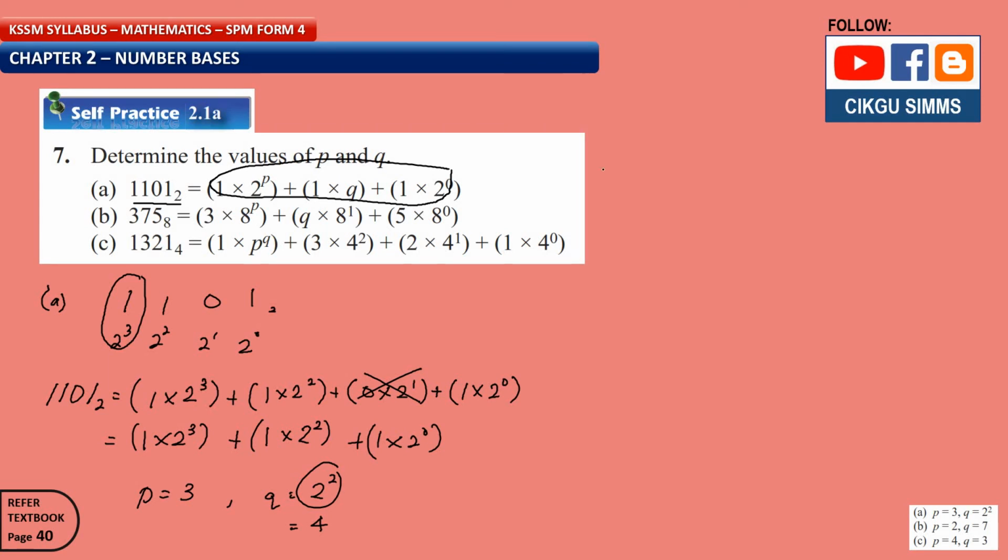For question B, you do the same thing. Okay, 3, 7, 5. And then you compare.